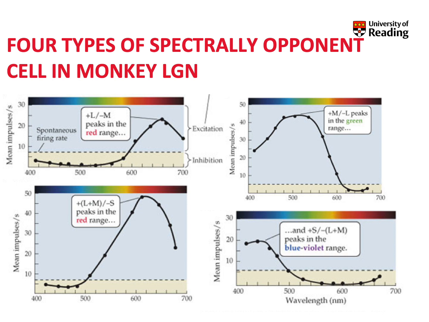And what this is, it's an opponent plot, a cell with opponency between the M cone and the L cone. So it's like subtracting the activity level of the M cone from the activity level of the L cone.